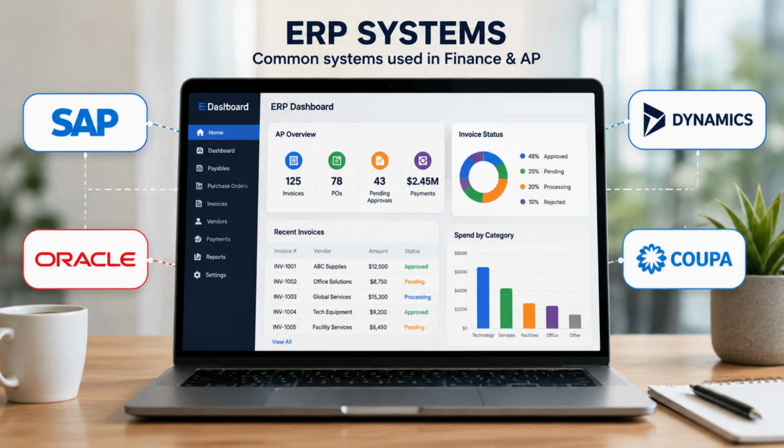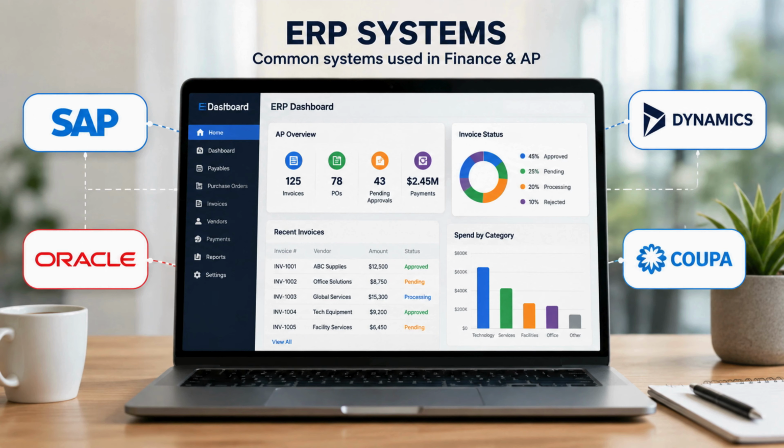For example, I worked with SAP for invoice processing, PO verification, vendor account review, and payment related activities. If you are a fresher, don't pretend you have experience. Instead, explain that you understand the AP process and are willing to learn the company's ERP system.